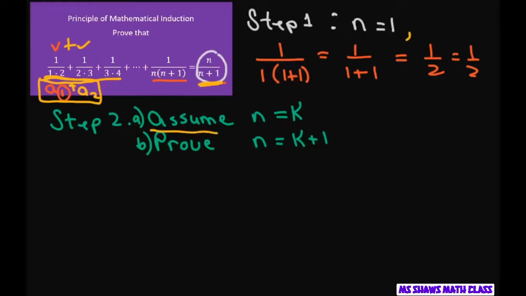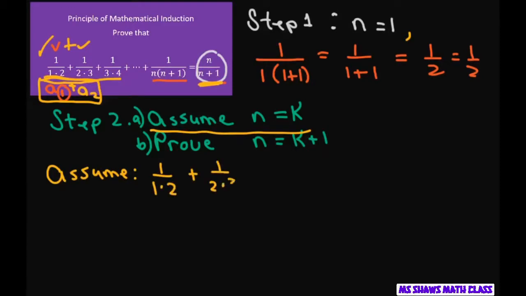For the assumption part, you're just going to write this out, but replace n with k. So your assumption part is going to be 1 divided by 1 times 2 plus 1 divided by 2 times 3.